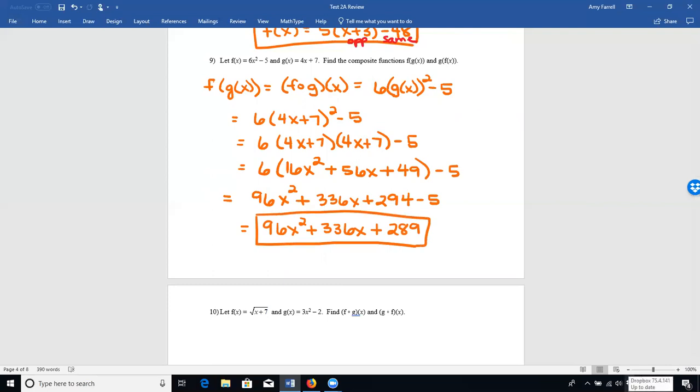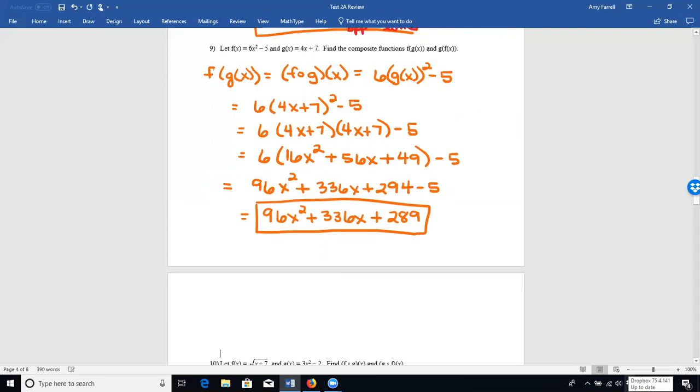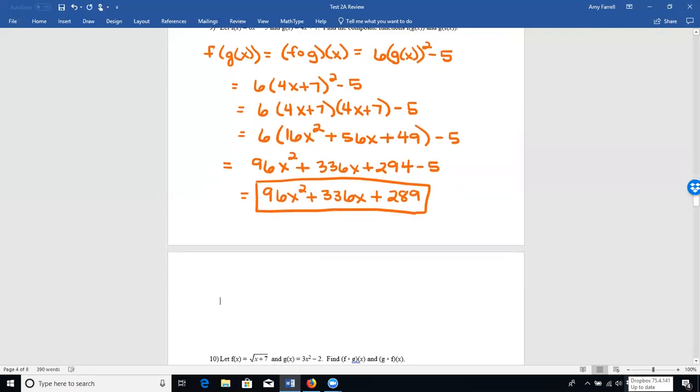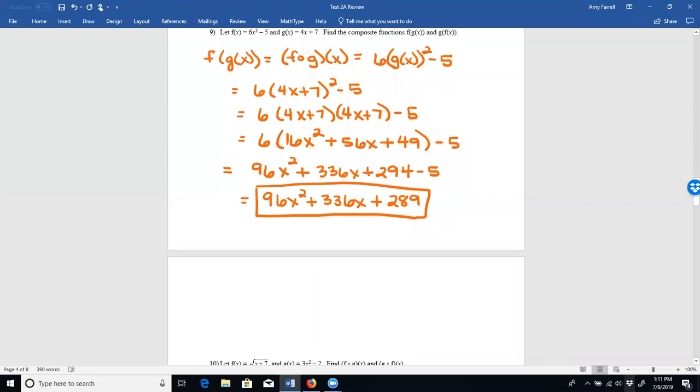Now it did also ask us to go the other direction too. The other direction is actually not going to be quite as bad. This one we had to square a binomial, so that took a while.